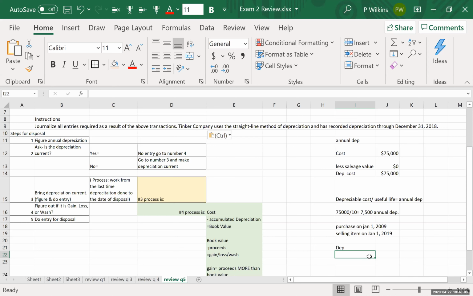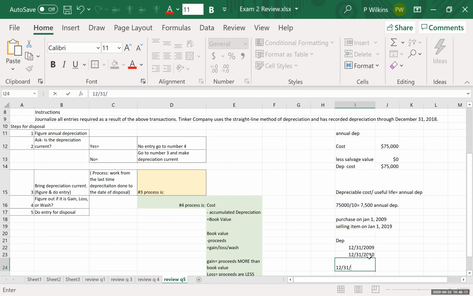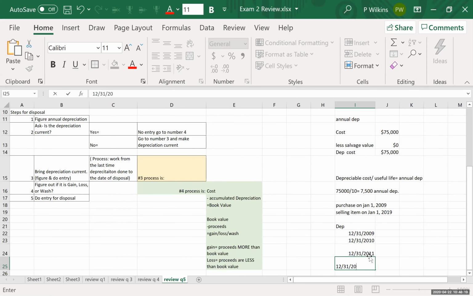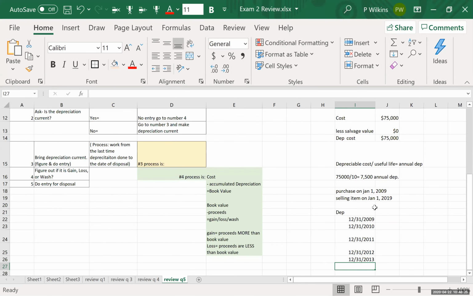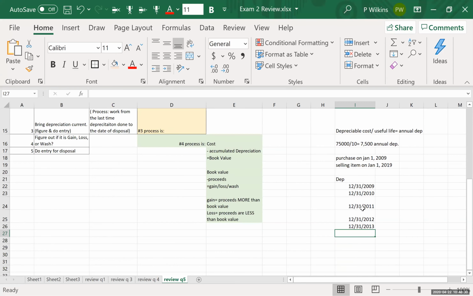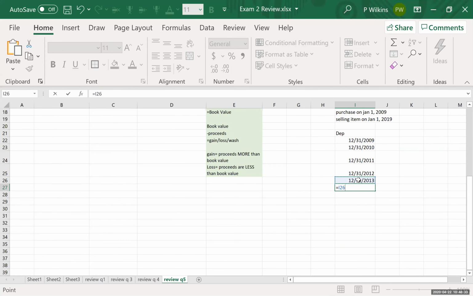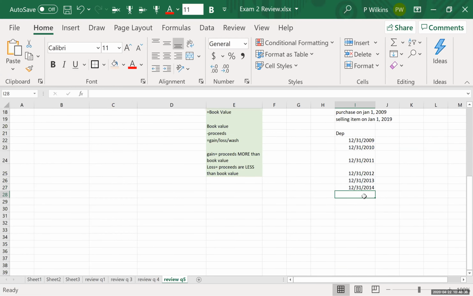That means that they did depreciation on 12/31/2009, 12/31/2010, 12/31/2011, 12/31/2012, and 12/31/2013, and then 2014, 2015, 2016, 2017, and 2018.